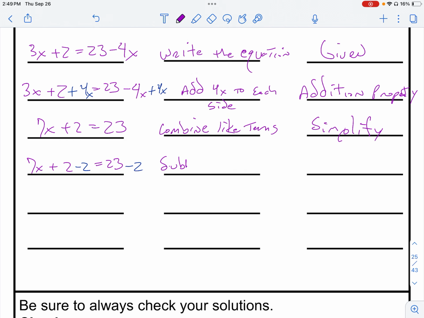And we're subtracting 2 from each side, which, oddly enough, is our subtraction property. Then once again, we're going to combine like terms, which is simplifying.